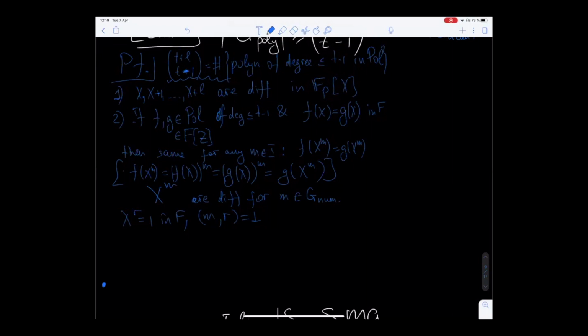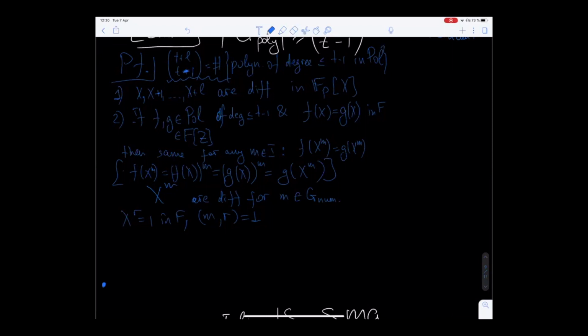But all these elements x to the m for m ranging over genome are different because of the way we chose our irreducible polynomial h of x. x to the r is 1 in F, and x to the i is not 1 for anything smaller. And because m is relatively prime to r, all these things are different.